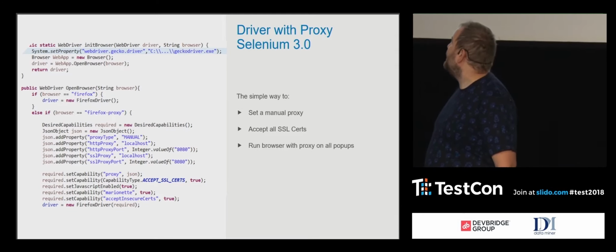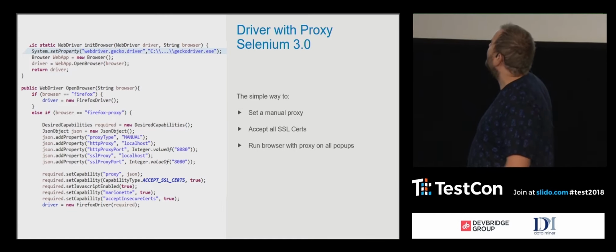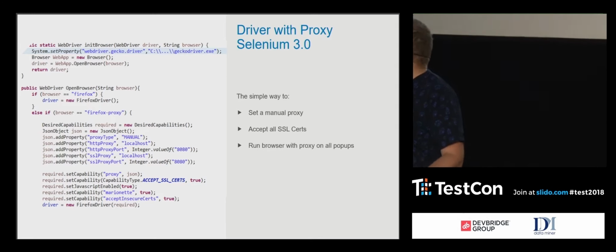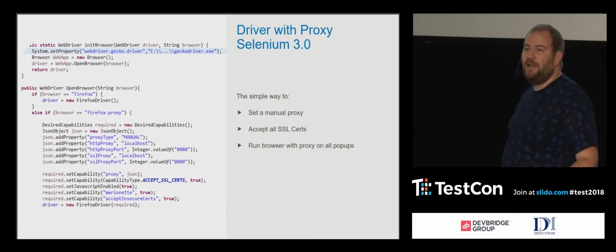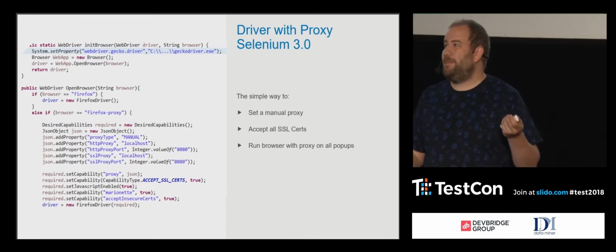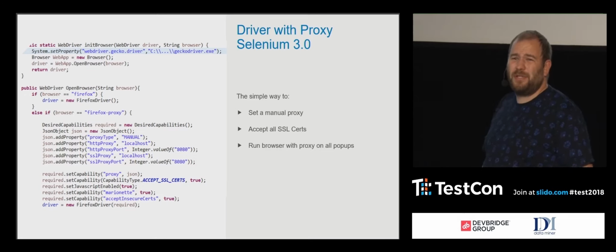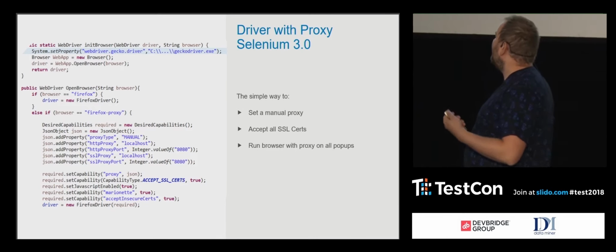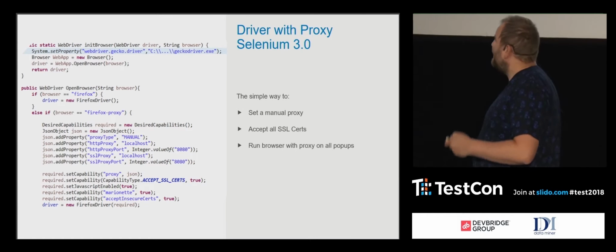In Selenium 3.0, I know that the Gecko driver that we use over here is already deprecated, it's no longer supported. In Selenium 3, I don't know what the latest is, 3.3.2 or something like this, but it is very similar.